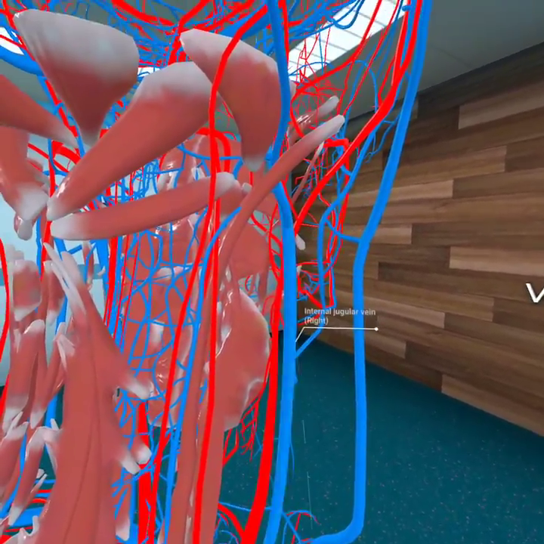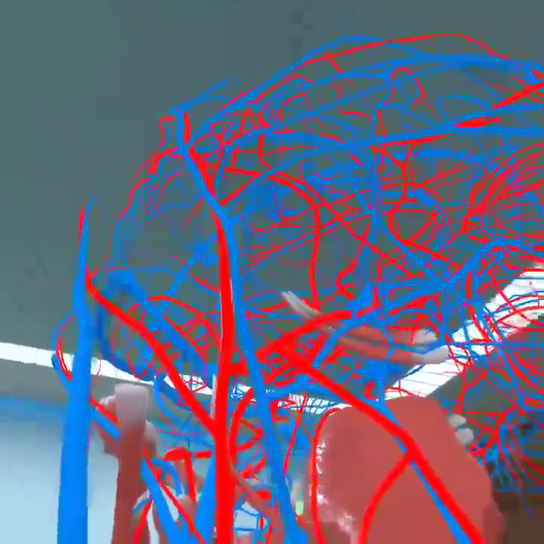We have our facial vein, which will come off of our internal jugular vein, and we have our anterior branch of the retromandibular vein. I'm not sure if she mentions that one. So she mentioned pharyngeal and pterygoid plexus, facial, lingual, and superior thyroid vein drain to internal jugular vein, drains brain, face, thyroid gland, and neck.